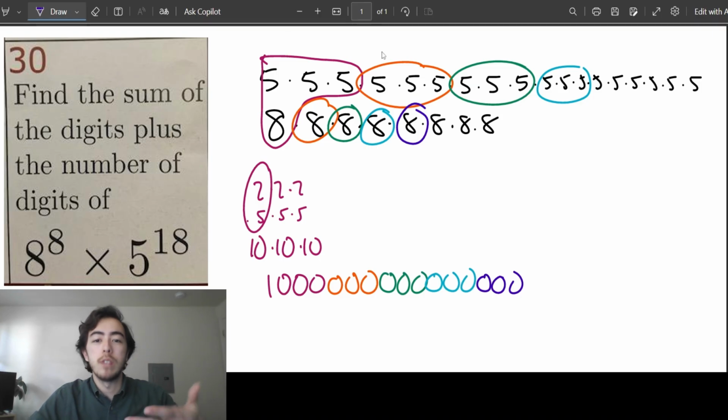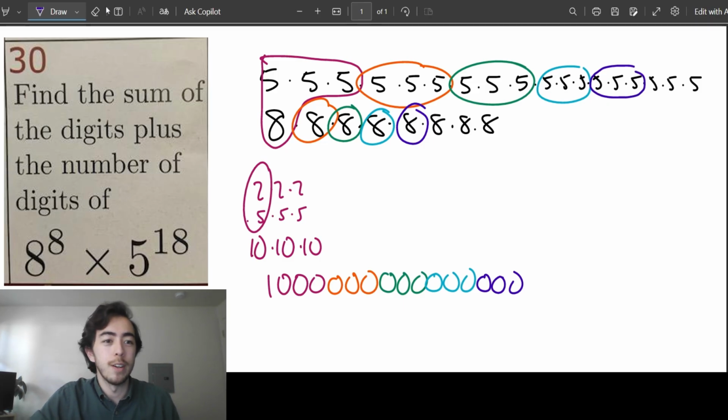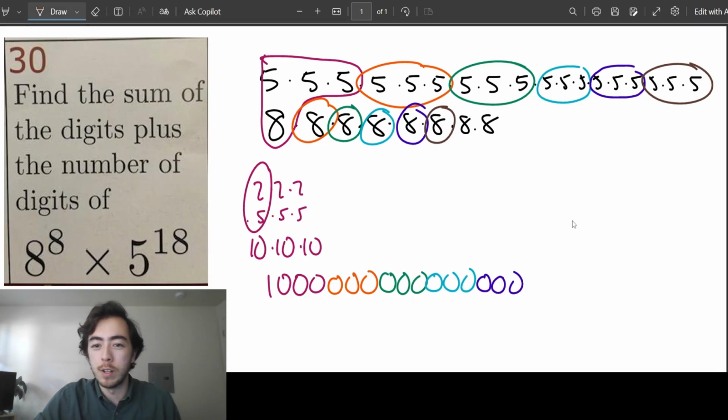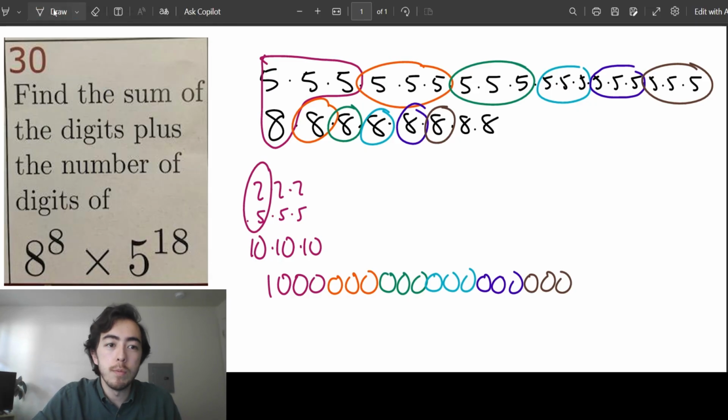But see, while I was talking to you, I already almost made a mistake. I should have circled these 5s because they correspond with that 8, right? Okay, cool. And so I just want to do it a very slow, methodical way so I don't make any mistakes here. All right, seems like we have exhausted all of our 5s.